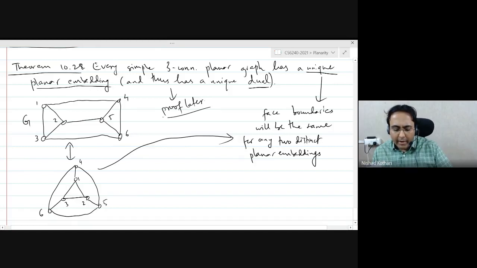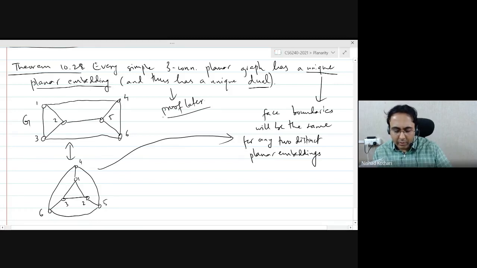intuitively, what it is doing is that it's allowing you to not consider the representation of the graph. It's telling you that no matter how you draw it, you will get the same face boundaries. And so the planar representation is now unique.